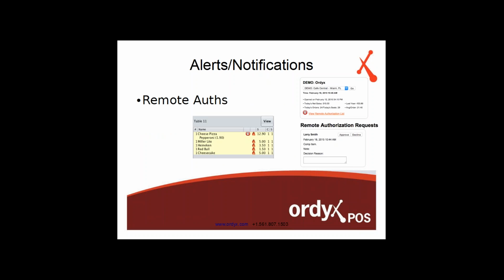When you click on that, it's going to give you the list of the people that are set up in the back office for remote authorization, and it will send either an email or a message to that person, so this person can approve or decline the remote authorization. So you will be able to see the item, or whatever the order is that is going to be voided, and you can approve it or decline it. So this is really good too. It's a really good option. Do you guys have any questions about this?